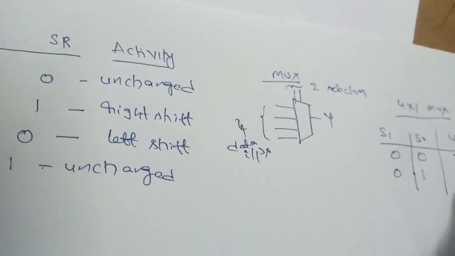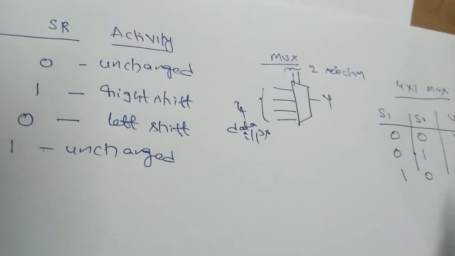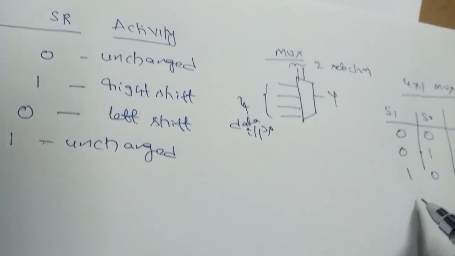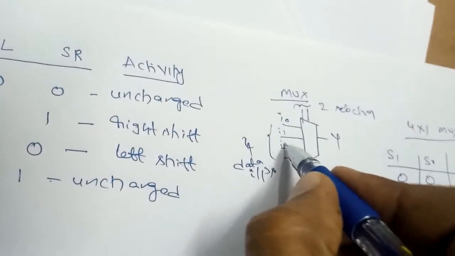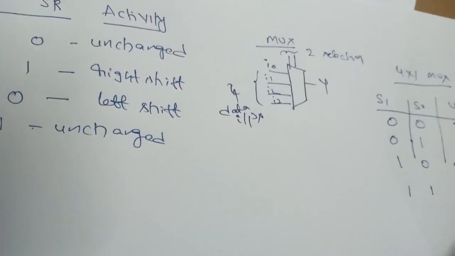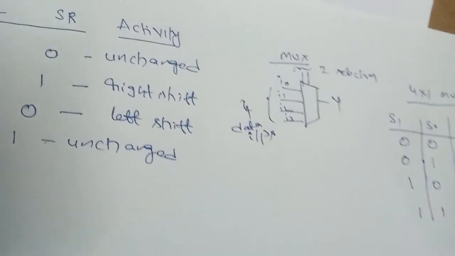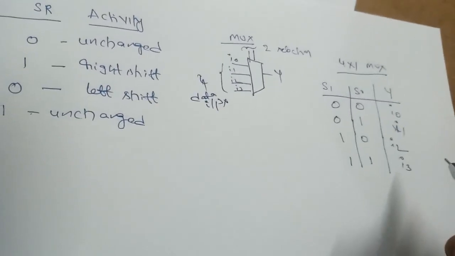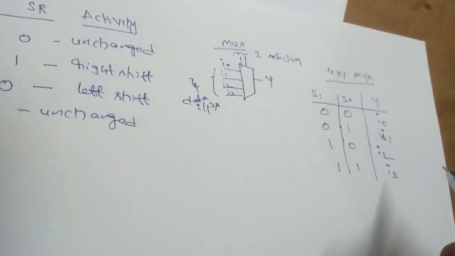For 01 it is I1, and for 10 the input data line I2 will be connected to the output. These are I0, I1, I2 and I3, the input data lines, and if it is 11, the output Y is connected to the data line I3. Based on this, we are going to solve the given problem.